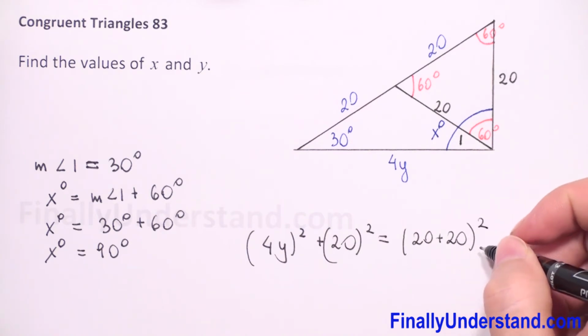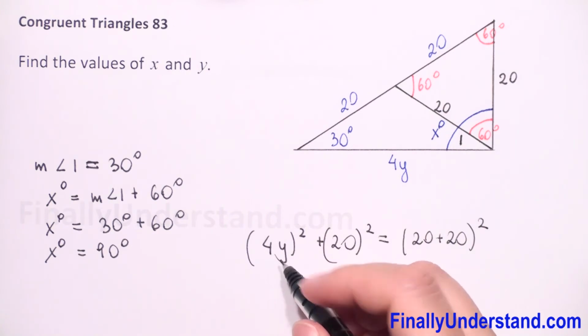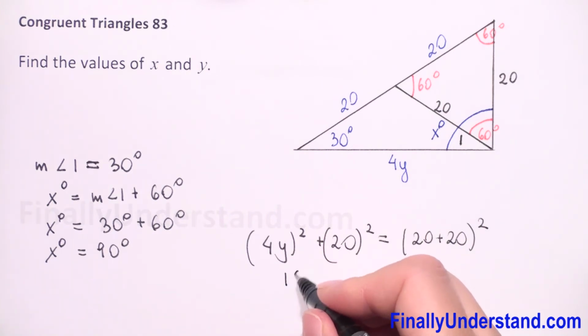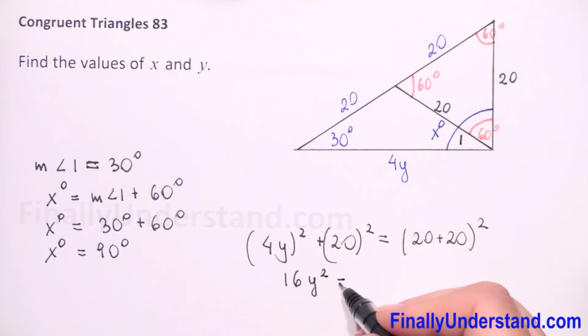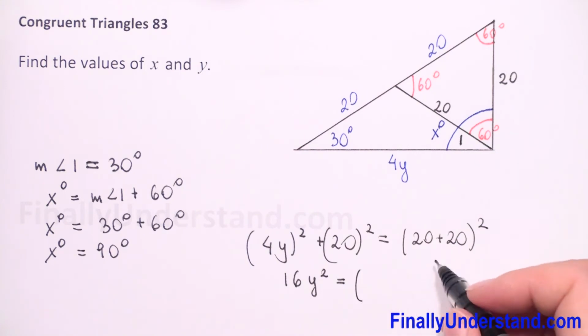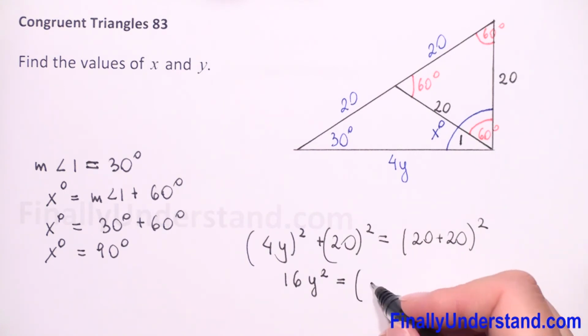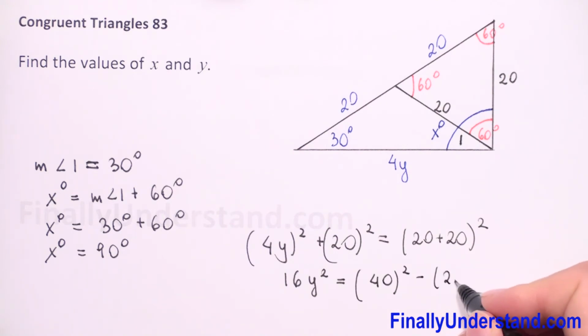to the second power. So we have that (4y) to the second power, so this is 16y to the second power, is equal, and I will move this 20 to the second power to the right. So we have 20 and 20, so this is 40 to the second power minus 20 to the second power.